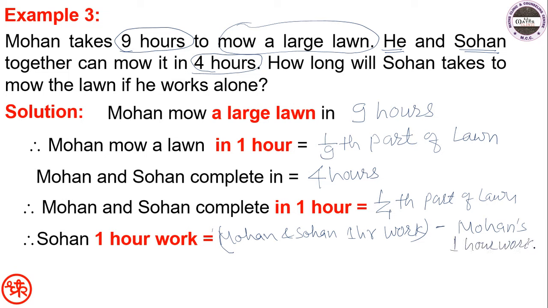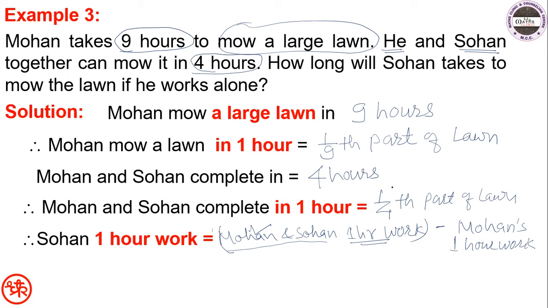Mohan and Sohan together 1 hour work minus Mohan's 1 hour work. So what will be left? Sohan's 1 hour work. Is that clear?